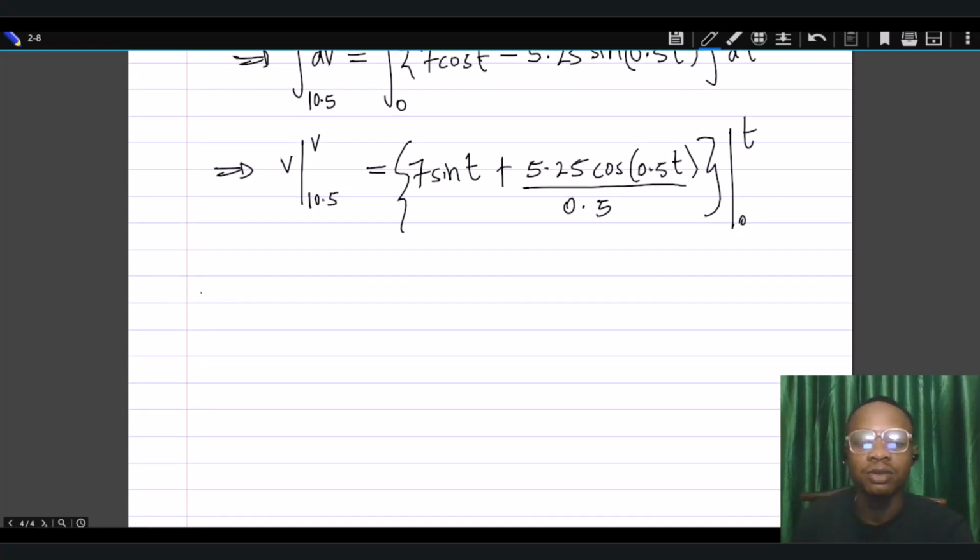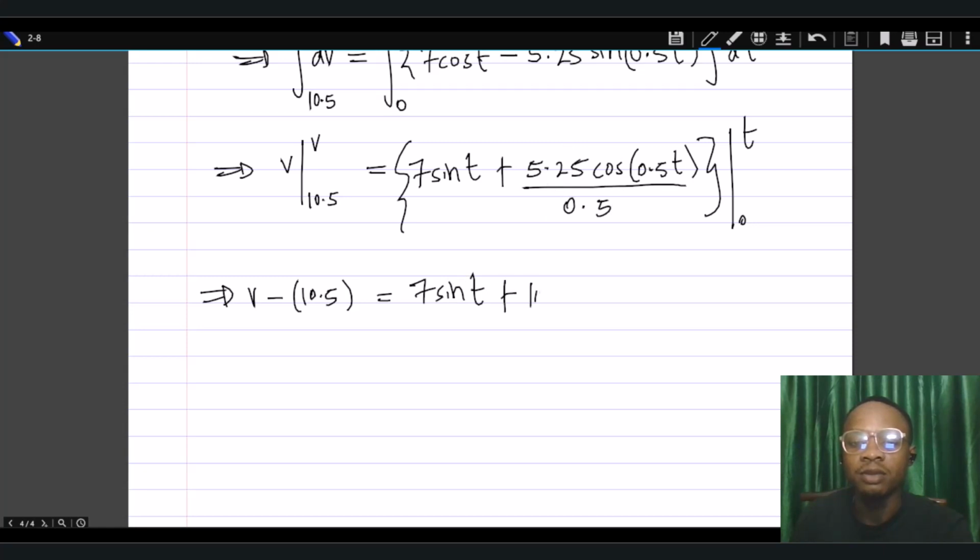That's going to give us v minus, when we substitute 10.5, that is 10.5. So that is not 0. It's essential to write that out. When we substitute t, it remains as t. So this is going to be 7 sine t. Then this is 5.25 times 2, that will be 10.5.